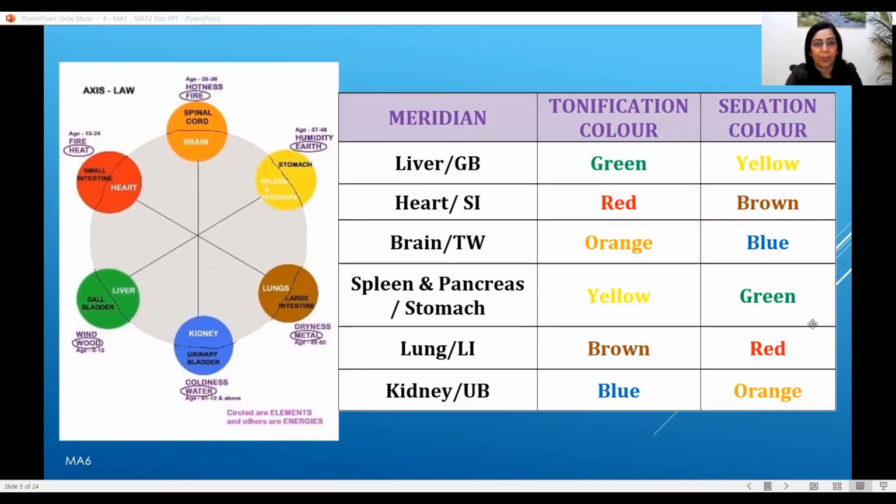Now, meridians can be tonified or sedated with color also. The color treatment on the meridians is done according to the axis law. Now, you should by now be very confident about the placement of the yin and yang organs in the axis law, isn't it?